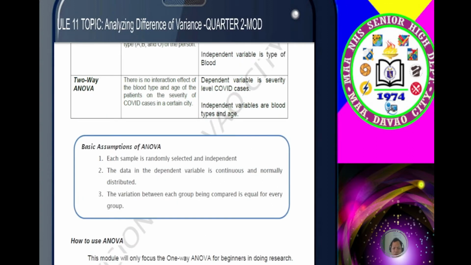Number 1, each sample is randomly selected and independent. Number 2, the data in the dependent variable is continuous and normally distributed. Remember these assumptions. Number 3, the variation between each group being compared is equal for every group, or the variances are equal.